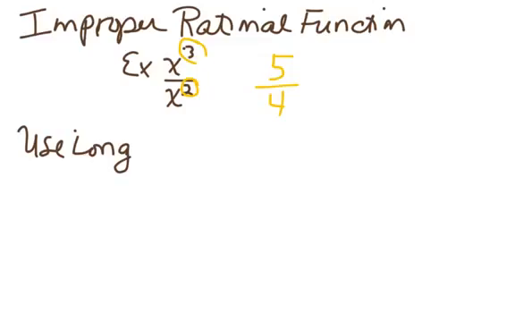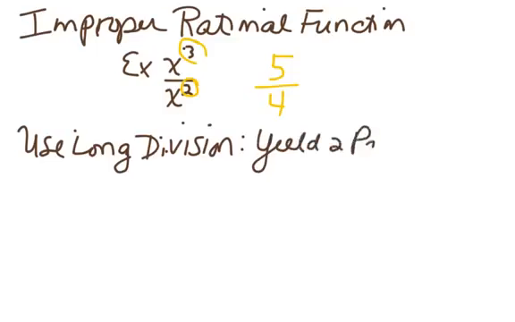In this case, we're going to use long division, and long division is going to yield two parts. You're going to get an easy to integrate polynomial. So after the long division, it's going to yield two parts. The first part is an easy to integrate polynomial.